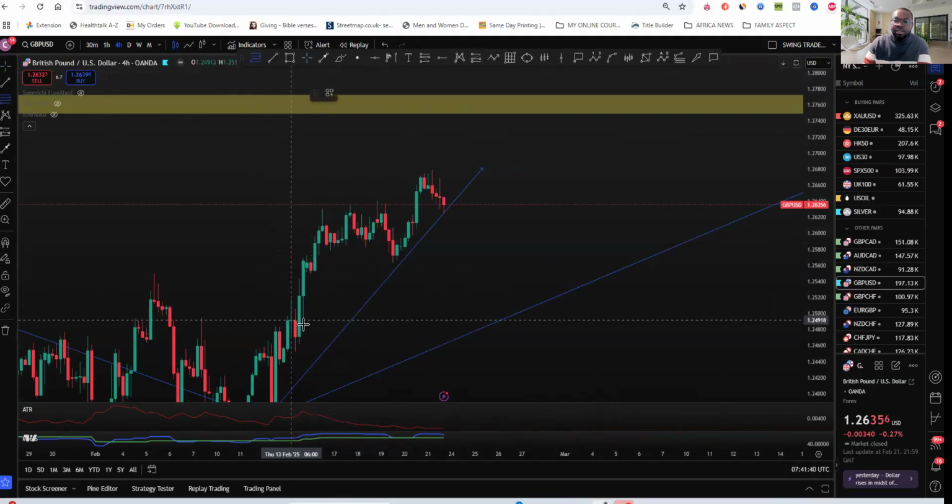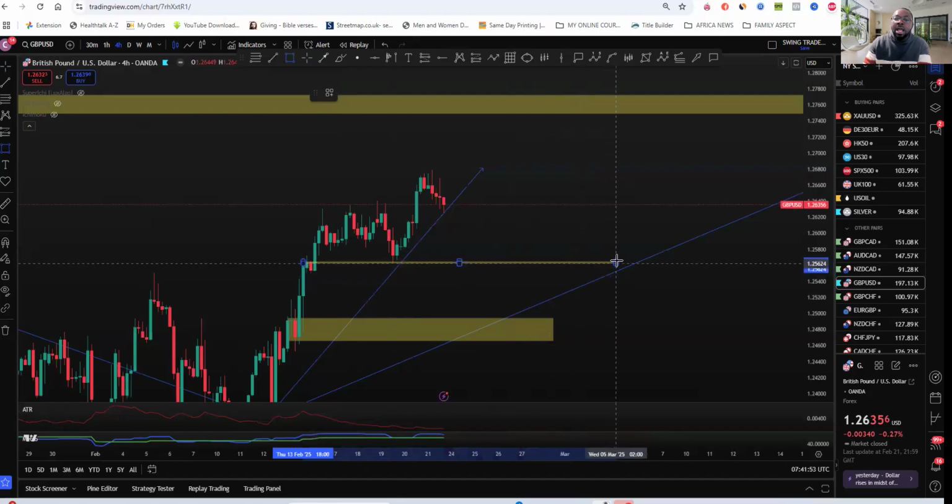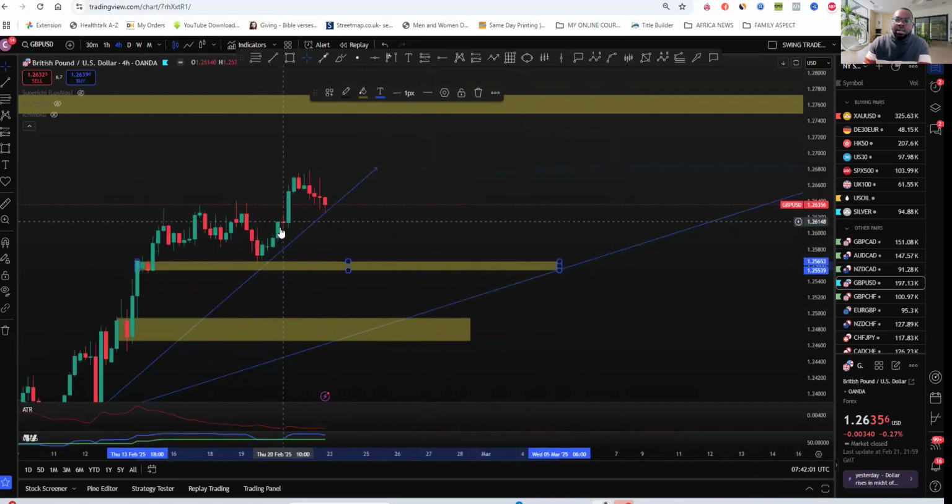First, price created an order block here, an order block here. As you can see, let me show you. Order block, we have an order block here. We have an order block here. You get it? And this one is already mitigated a bit. So we have that. And also we have an order block here, just minor stuff.